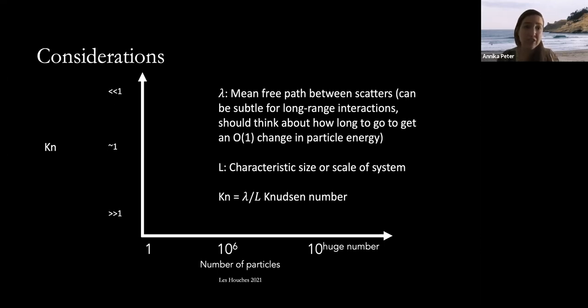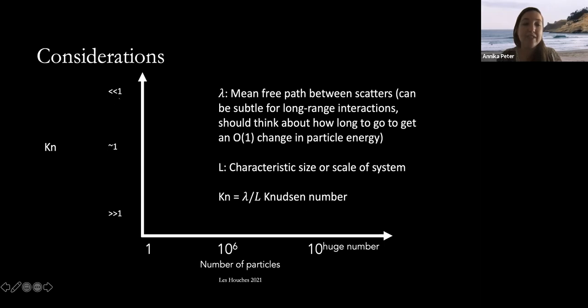Instead, if you have long range interactions, whether it be gravity or some of these self-interacting dark matter models that we'll talk about tomorrow, what it really means is the distance you have to travel for the momentum or energy of the particle to change by order unity. That's typically what we mean by mean free path. The question is, how does that compare to the scale of the system? In fluid dynamics, we quantify this with the Knudsen number, which is the mean free path over the characteristic size or scale of the system, which I'm calling L here.